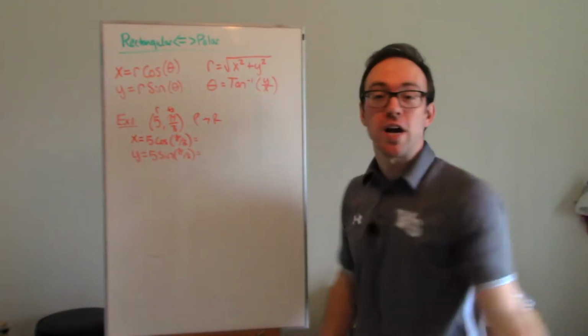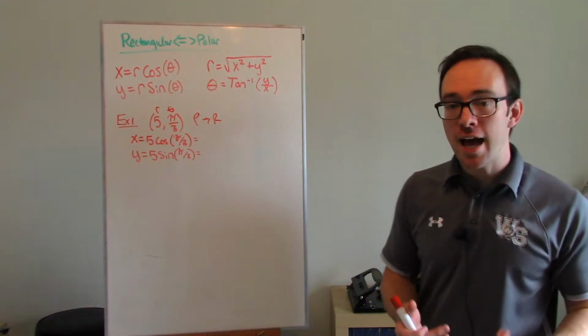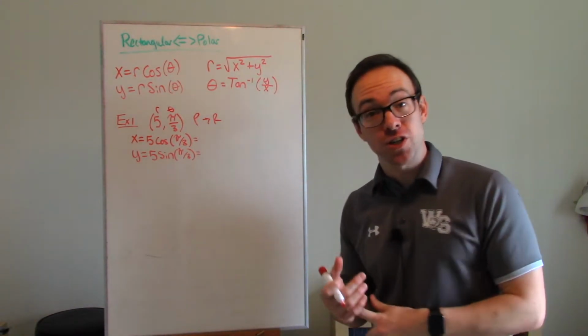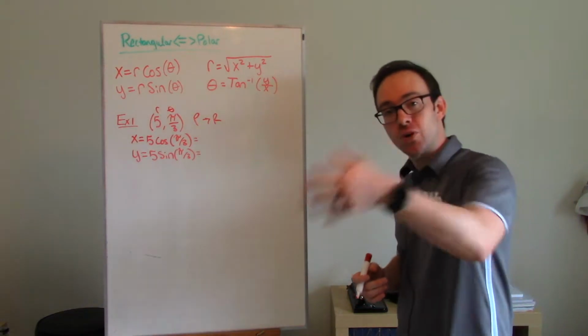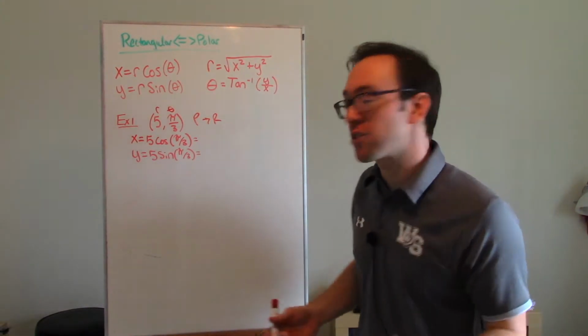Once you write that down, all you do is calculate that. You can put it into a fraction or you can put it into a decimal. I'm going to go ahead and put them both into their fraction form.